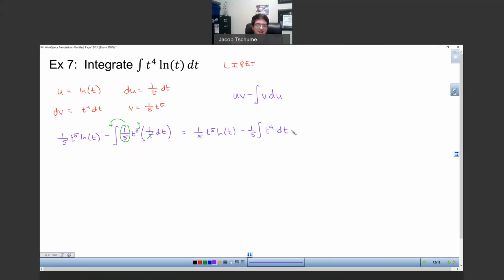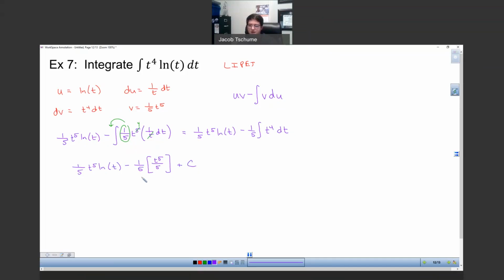We know how to integrate t to the fourth, so that's just adding 1 to the power and dividing by the power. So you would get 1/5 t to the fifth times the natural log of t minus 1/5 times, that would be t to the fifth over 5 with a plus c.